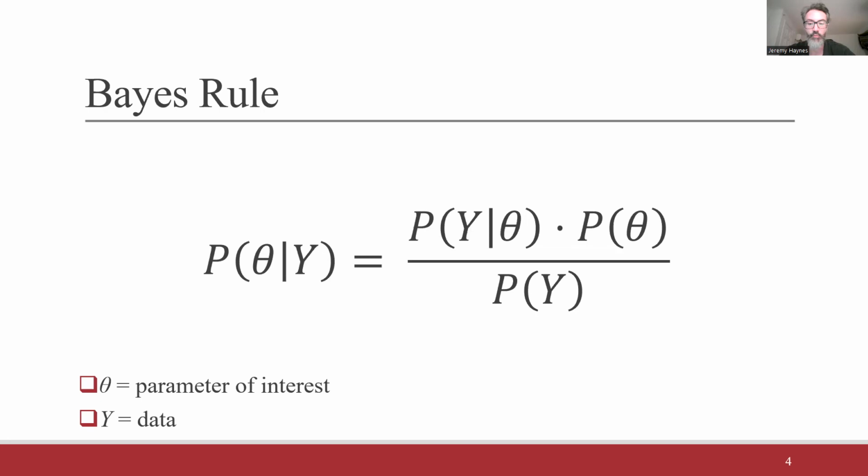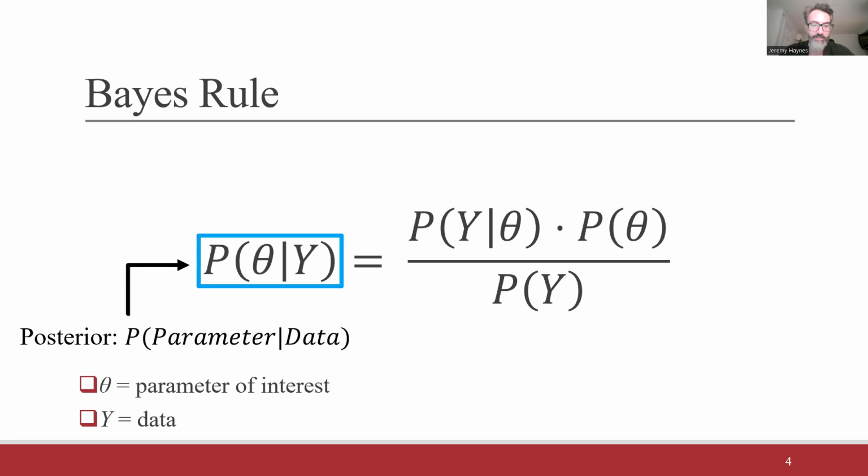So it's not just one parameter value given our data, it's actually a range of parameter values given our data. And so on the left-hand side, which is our ultimate goal of what we want to try to get with a Bayesian analysis, this is called our posterior distribution, sometimes just shortened to posterior.